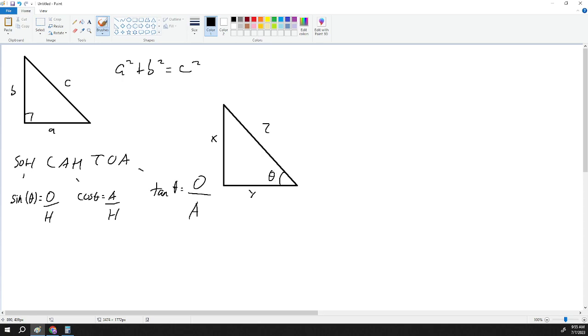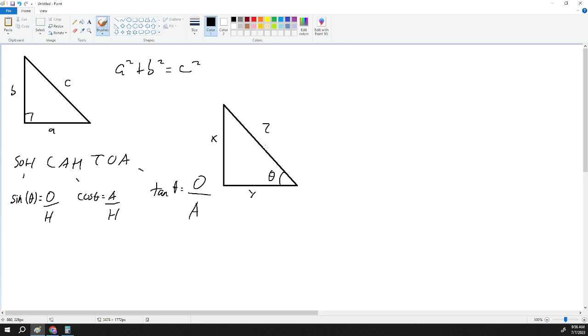Ano yung opposite side? Anyone? X. Yes. X is basically the opposite side of this angle. And adjacent would be Y. Alright? So adjacent would be Y.